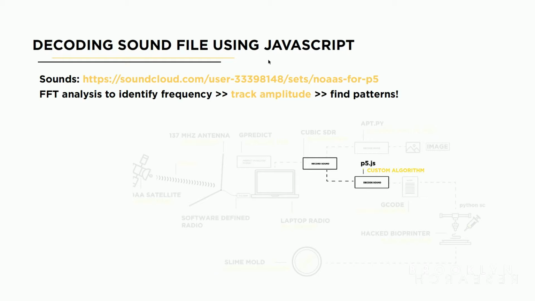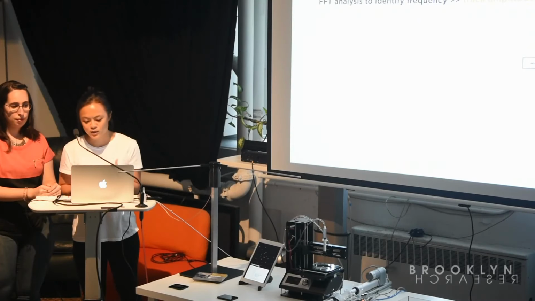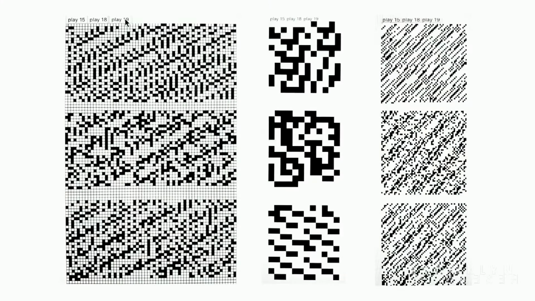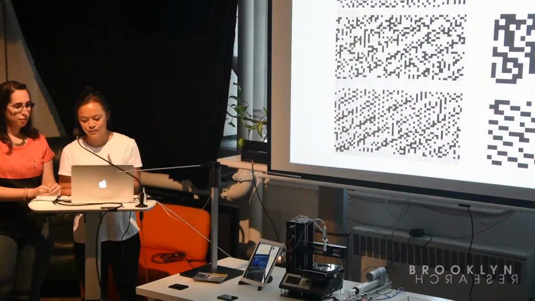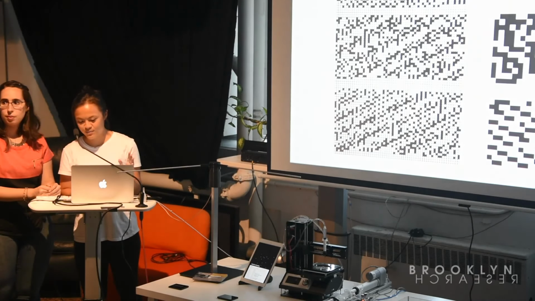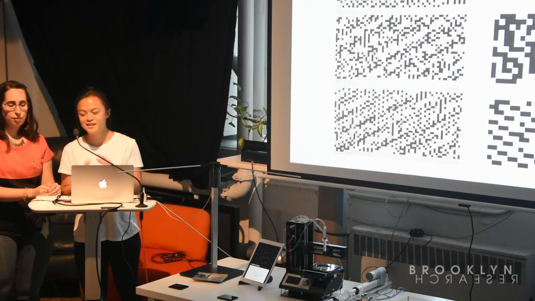So what we did instead was we only used the FFT analysis to discover that frequency so that we could reduce all the noise around it. And then with that frequency, we tracked its amplitude. So when there's a beep, we set it to black, and when there is not a beep, it's white. If I were to play the sketch, it would go silence, and then beep, and silence, and then beep. But this is very fast.